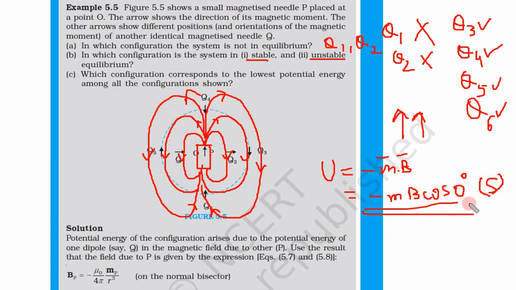When this is minus MB cos 180 degree, it is unstable equilibrium, because cos 180 will give minus, minus, minus will become plus, plus MB. This is unstable. So we have 4 candidates: Q3, Q4, Q5, Q6.